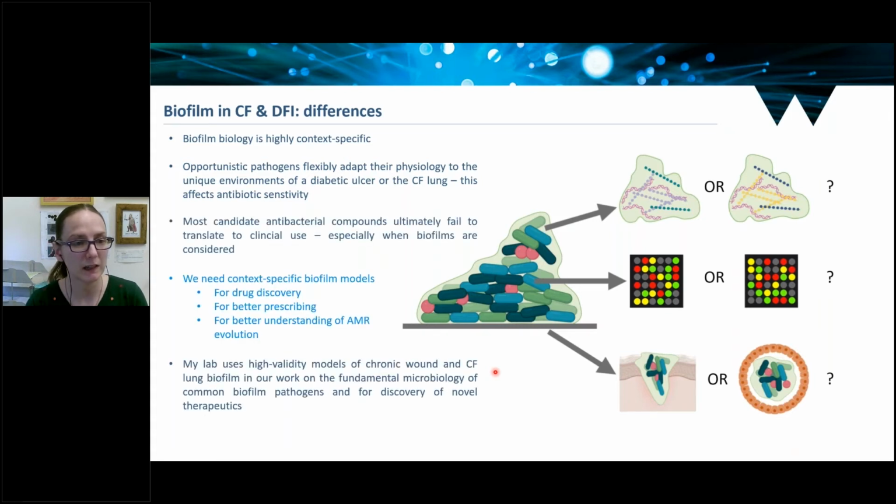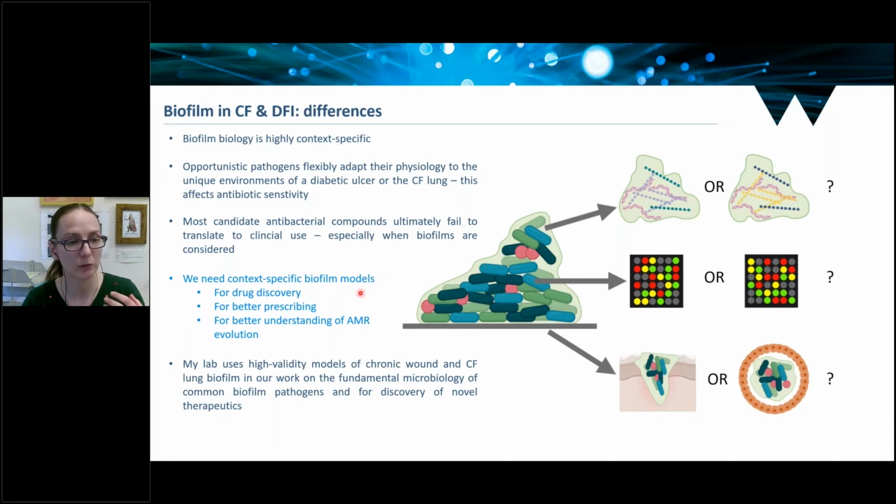And I think that's really important to bear in mind when you think of this general problem that when you're trying to develop a candidate new antibacterial compound in the lab, most of these will ultimately fail to translate to clinical usage, especially when biofilms are concerned.